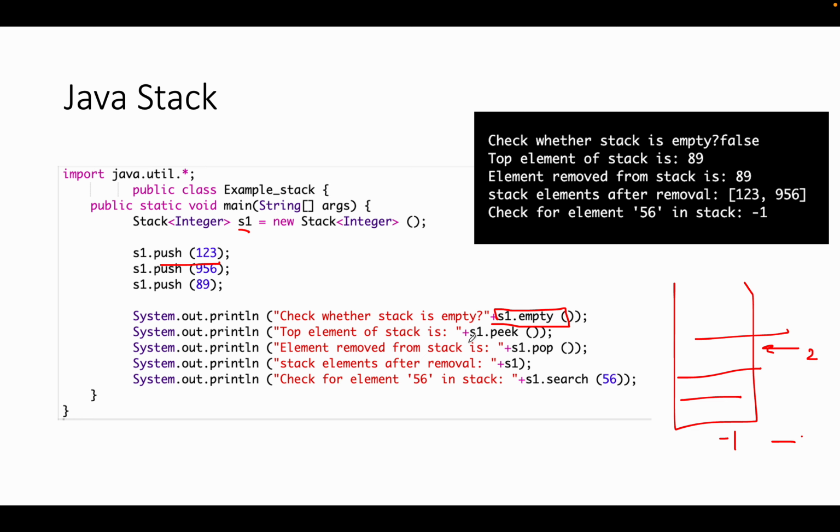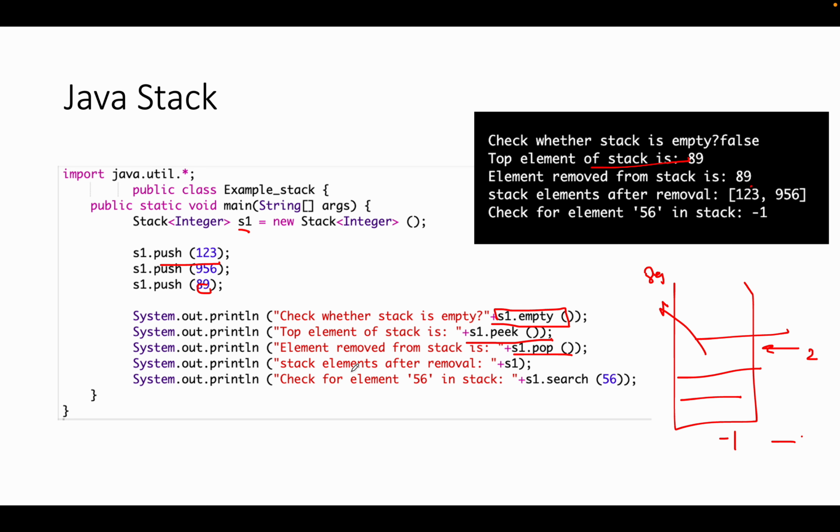When it's empty, the pointer is supposed to point at this position, and the return value is -1. And then we show what S1 peek is. It will go to the top value and return 89, which is the peek of the stack. Then the element is removed from the stack when we use S1 pop. The top one is popped out first, which is 89, so the return value is 89, of course, right?